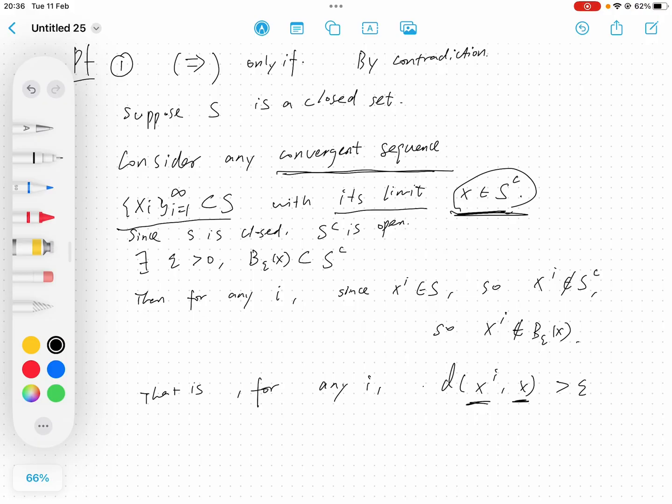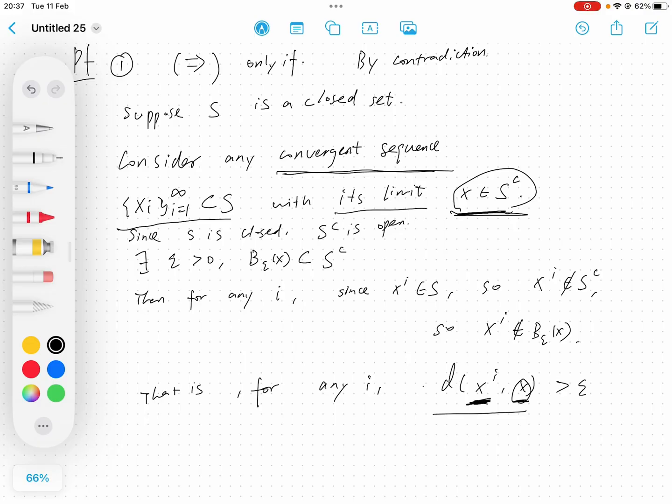So this is not a valid limit, because this so-called limit x is not close to any of those points, right? For any of those xi points, the distance between xi and that so-called limit x is too far, which is greater than this epsilon. Then this is not satisfying the definition of the limit.